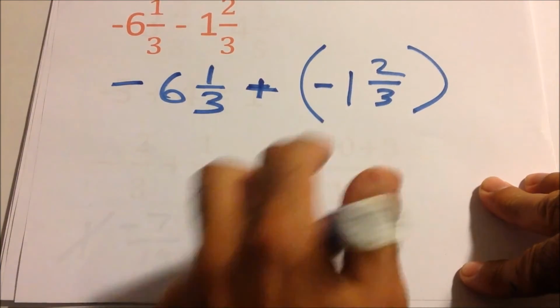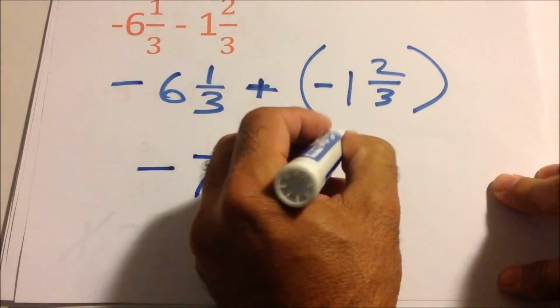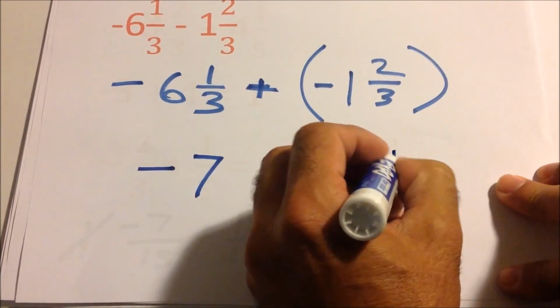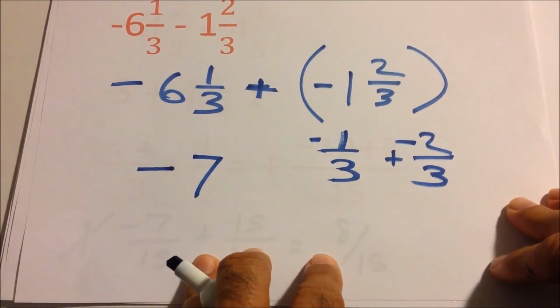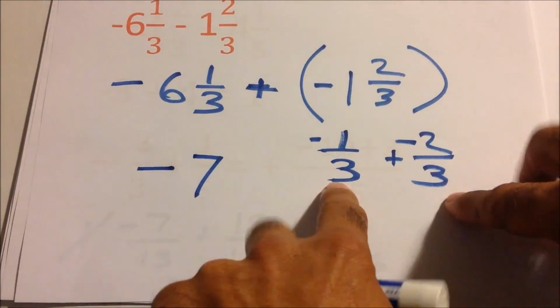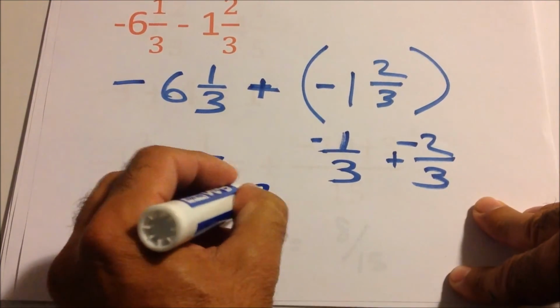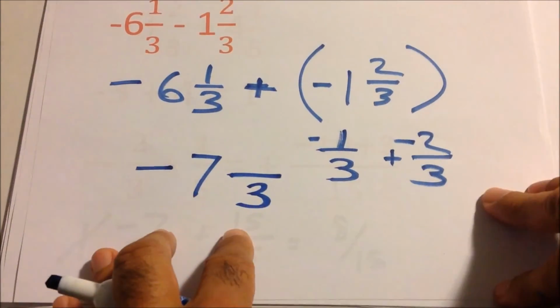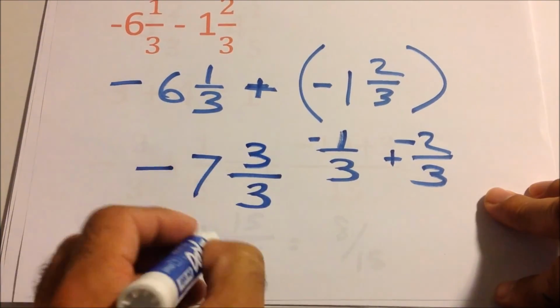What's negative 6 plus negative 1? It's negative 7. Then we can do our fractions. And they're all negative. So you don't need to look for any common denominator. They have 3. So it's going to be 3. In this case, you don't have to do any of that. And negative 1 plus negative 2 is negative 3. So this would be negative 8.